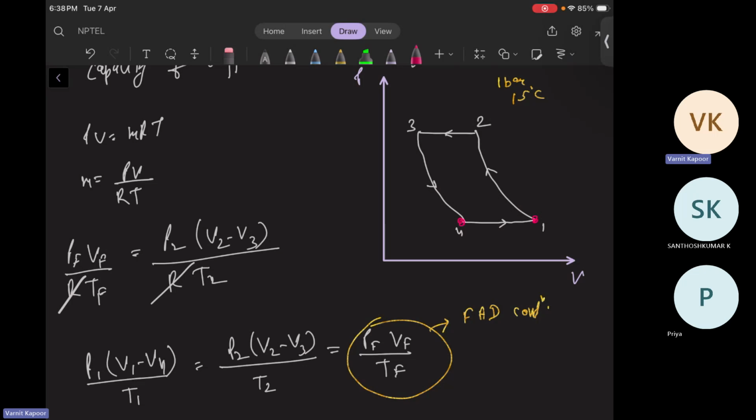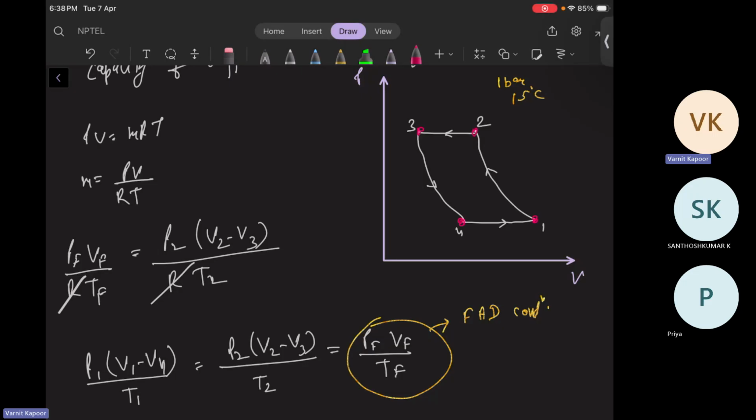So the net difference will give you the net suction volume, that is the actual suction or actual swept volume of the compressor. Similarly, V2 minus V3 is the same scenario. It is a part of one process of that cycle, and these are nothing but your point functions.